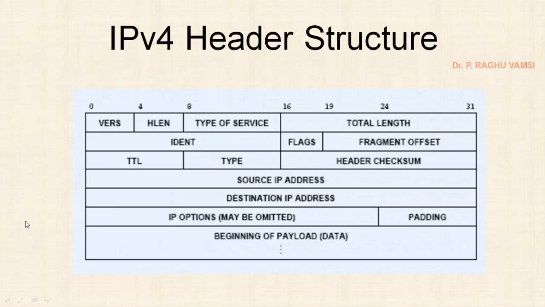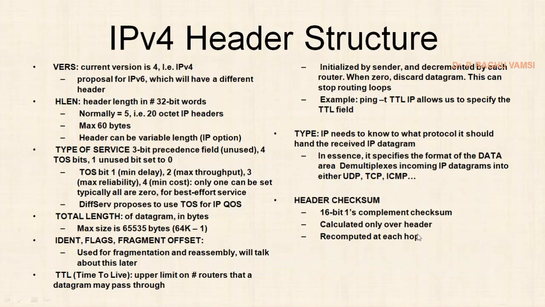If anything was tampered with in this header, then the header is invalid and the packet will not be processed by the intermediate devices or the destination. And this header checksum will be recomputed at every hop. During routing, the packets pass through multiple devices between the source and destination.